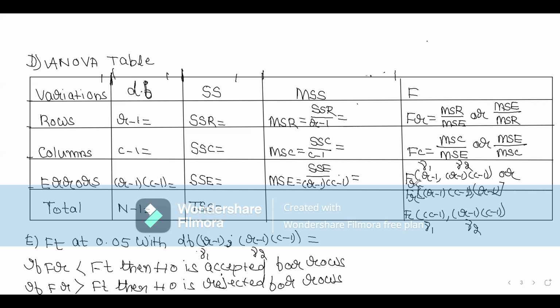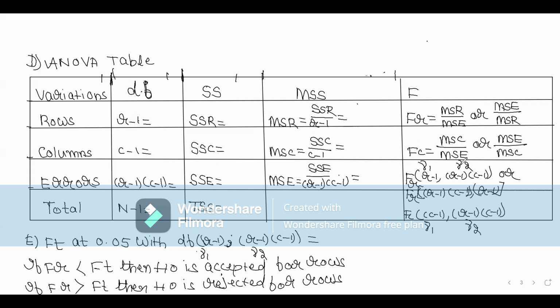And look here, for FR the degrees of freedom you can mark. If you use this formula, the MSR has degrees of freedom R minus 1, and MSE has R minus 1 into C minus 1. You can mark here, and they become mu1 and mu2. R minus 1 is mu1, R minus 1 into C minus 1 is mu2.